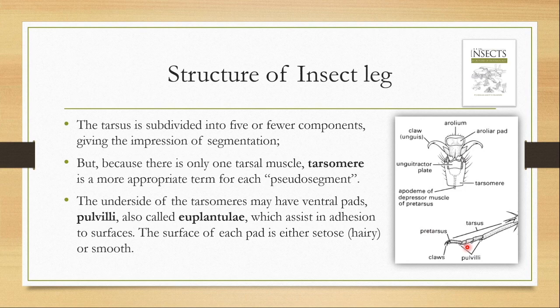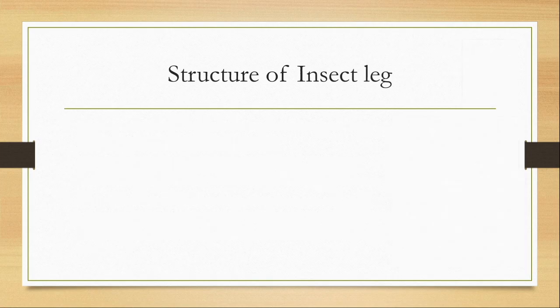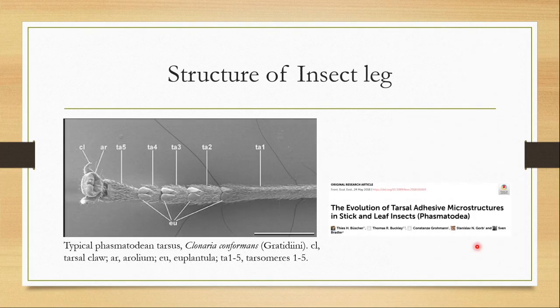Now, the underside of the tarsomeres may have ventral pads known as pulvilli or euplantulae. These pads help in adhesion to surface. The surface of each pad can either be setose or hairy like in flies, or it can be smooth like in beetles. If we look at an electron micrograph of the tarsomeres, then we can see pairs of euplantulae under each tarsomere.